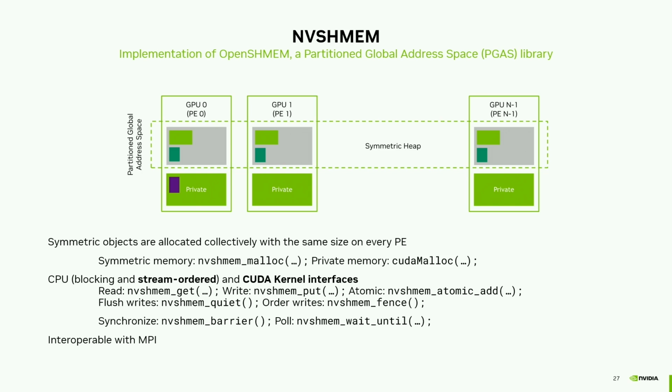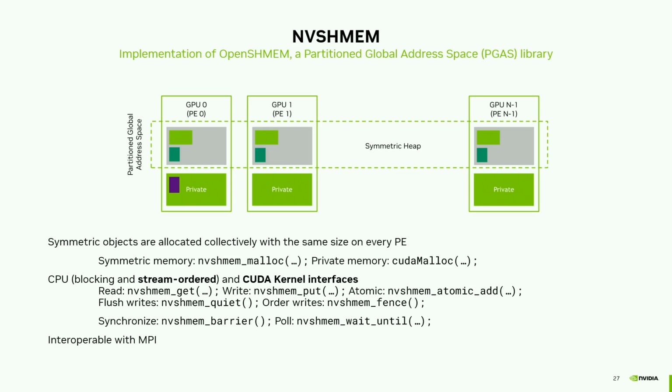Okay, then let's switch to NVSHMEM, which is an implementation of the OpenSHMEM standard and which builds on the partitioned global address space, meaning the core principle is that all the arrays we work with for communication are allocated from a symmetric heap.